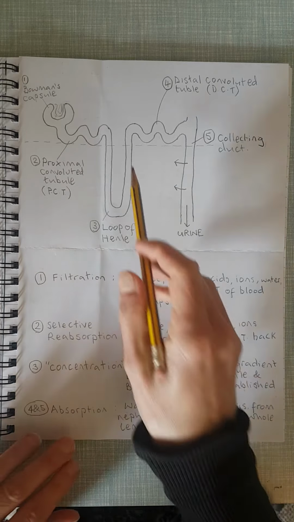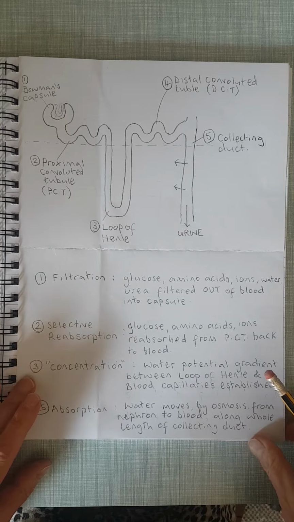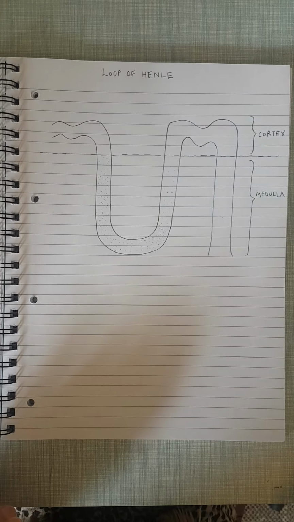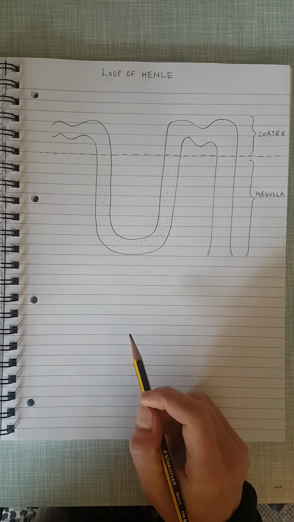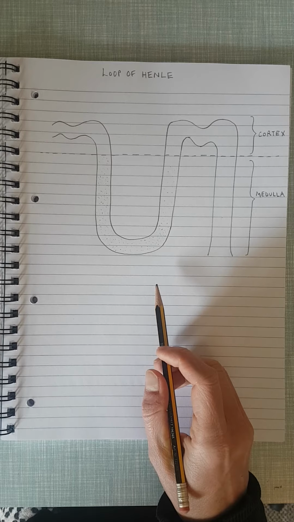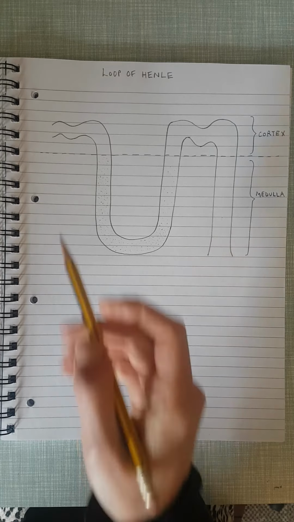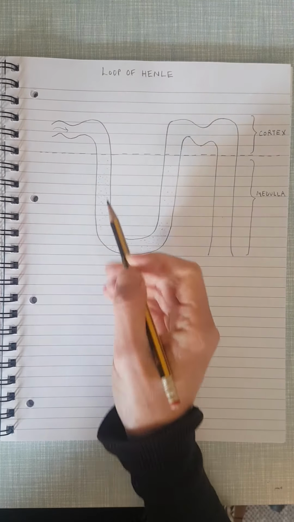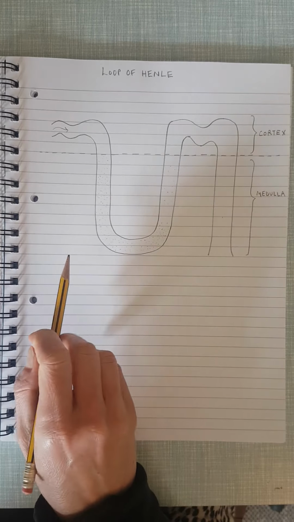Let's focus in now on this bit and see how it sets up the conditions for concentration. So here's my enlargement of the loop of Henle, and we're thinking about the filtrate going all the way through the nephron, which is essentially a tube.